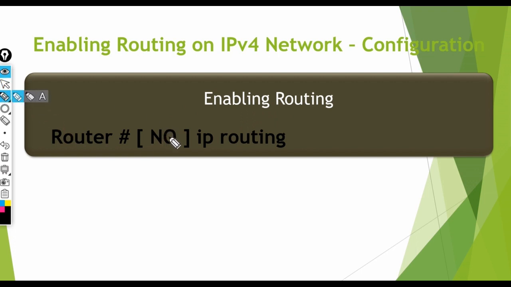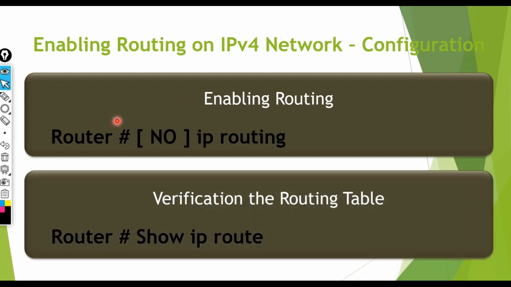But make sure we do not give this no ip routing in real time. Never. That day will be the last day of your job if you give this command. How to verify the routing table? show ip route is the actual command through which you can verify how your routing table looks.